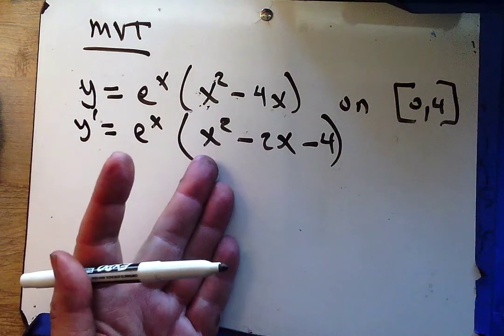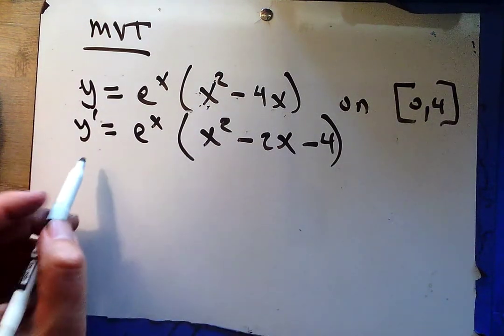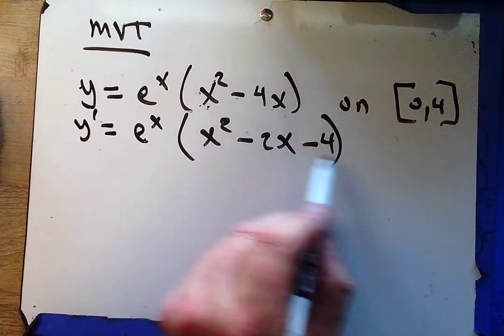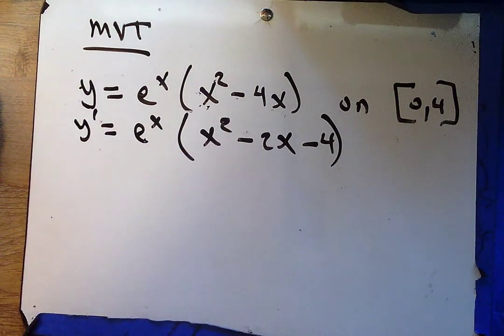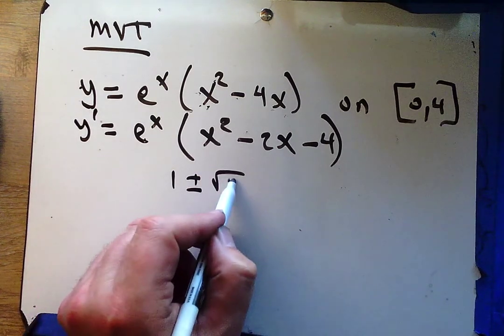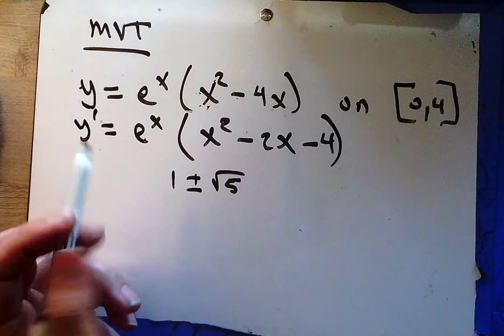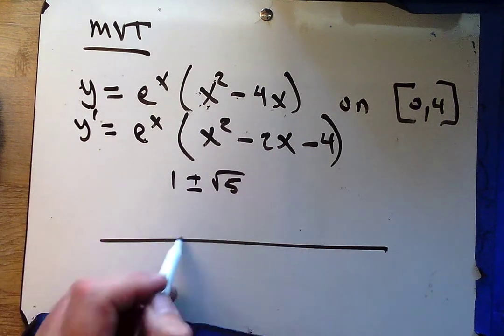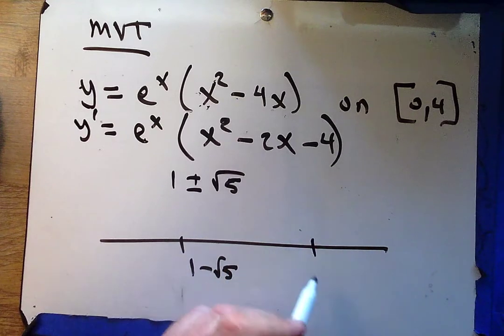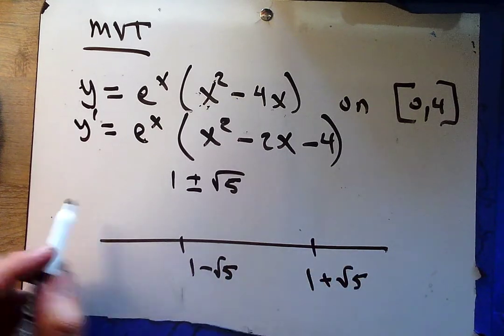So I got my y prime, set my y prime equal to 0. This is never equal to 0. We already found when this was equal to 0, that was going to be 1 plus or minus root 5. So I've got 1 minus root 5 and 1 plus root 5.